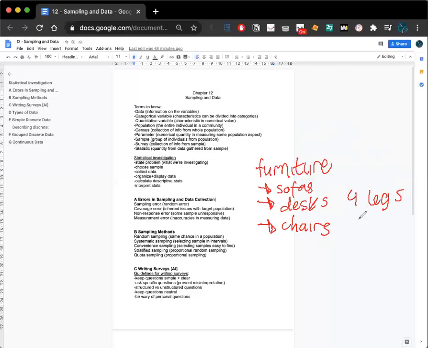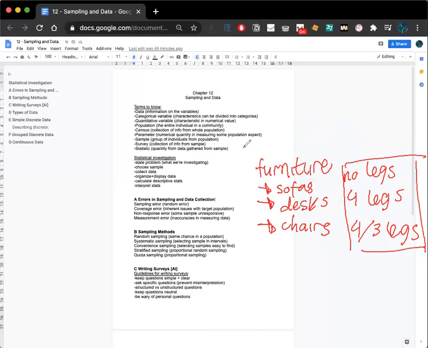A common chair might have 4 or 3 legs. While sofas have no legs, aka 0 legs. So these data that are represented in numbers are what you call quantitative variables.